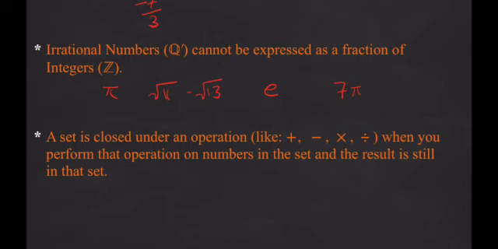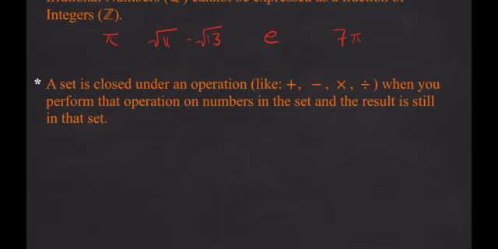A set is closed under an operation, for example, addition, subtraction, multiplication, and division, when you perform the operation on numbers in the set and the result is still in the set. We talked about this yesterday as well. I just want to give you guys another example of this. So we are going to do addition, subtraction, multiplication, and division.